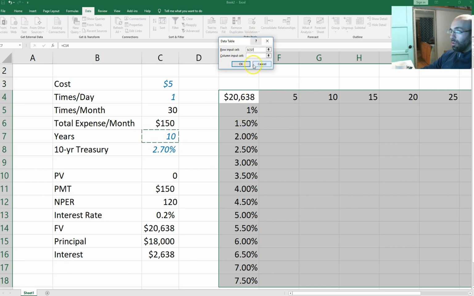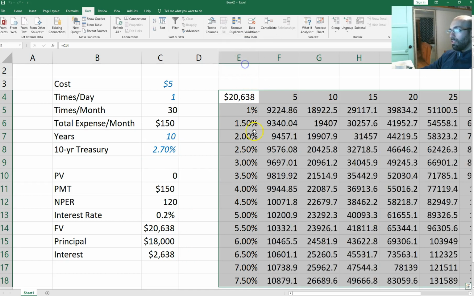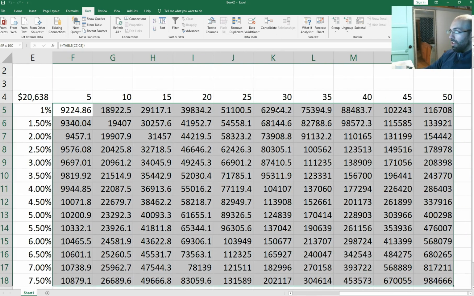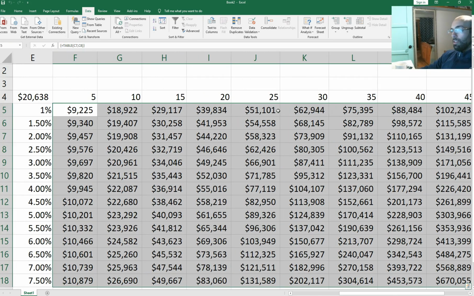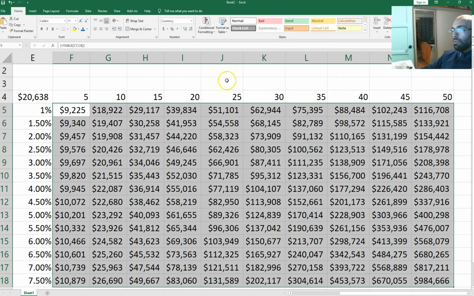So we're picking this one, and then for the column, we're actually picking the interest rate here. So what's going to happen is it's going to plug 5 into here, and then 1 into here, and it's going to spit out whatever the future value is. And we can actually validate this and check it. I'm going to make this look a little pretty, and also keep it closed.